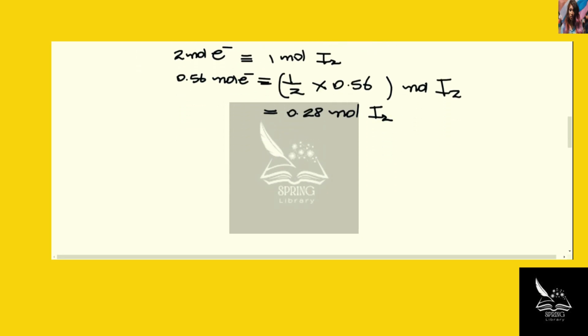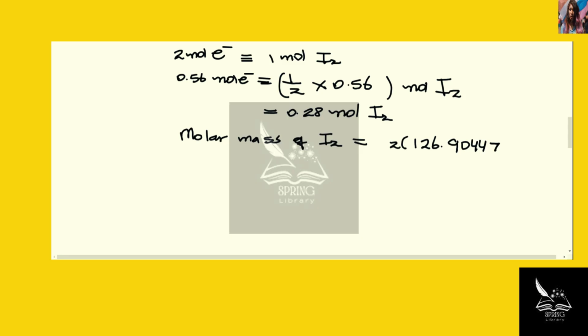As before, we're going to determine the mass of iodine produced. So we need the molar mass of iodine. Each iodine atom weighs 126.90447 grams.